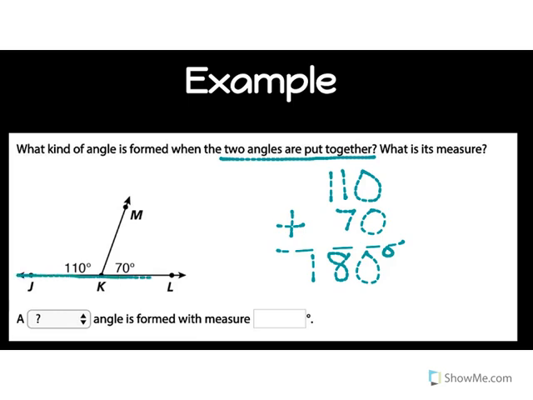Hopefully you recognize that measurement and also the shape of that angle. Guys, that's our straight angle. It makes a straight line. So a straight angle is formed with measure 180 degrees. They gave us that degree symbol, so I don't think you guys will have to enter that when you're doing your work today. Okay, let's look at another example.